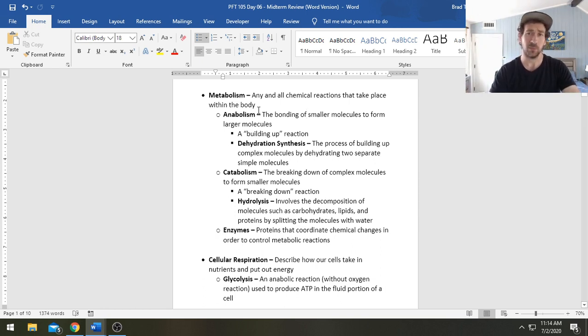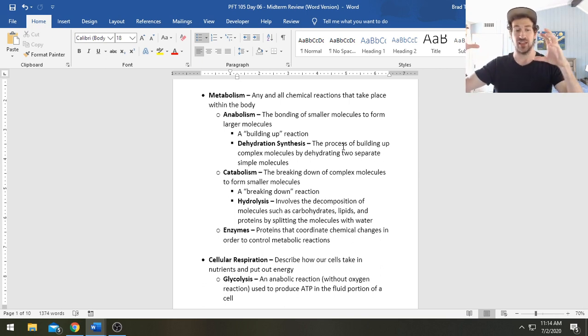So your body has different processes by which it does this in order to have its anabolism or its catabolism. And anabolism is going to use a process called dehydration synthesis, where basically your body pulls the components of a water molecule out of two other pieces, and that causes those pieces to be attracted together and link.